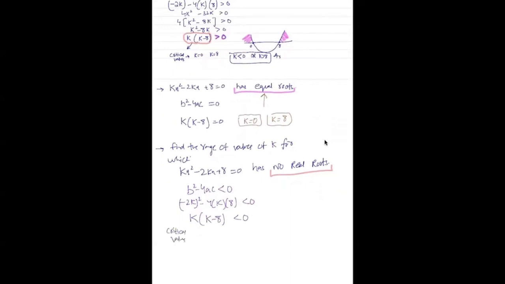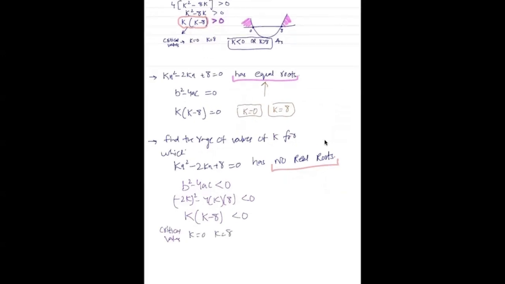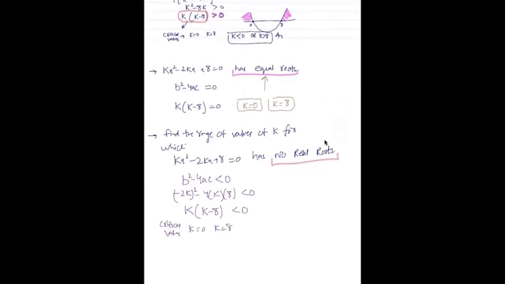Critical values are the same, k is 0 and k is 8. But what should be my range of values of k now for this particular question?